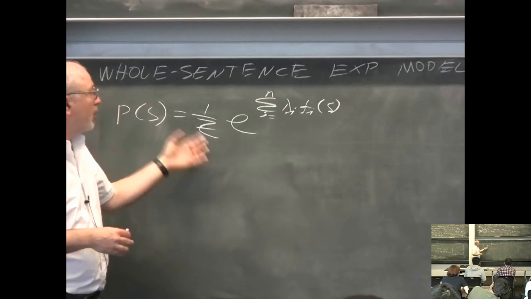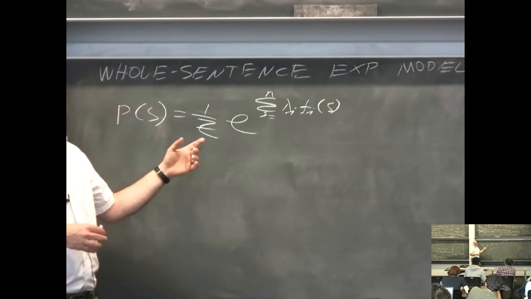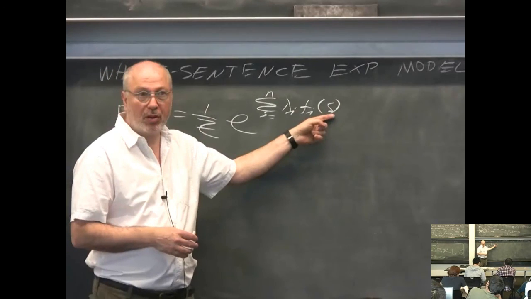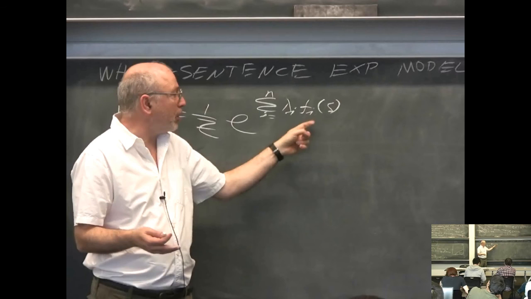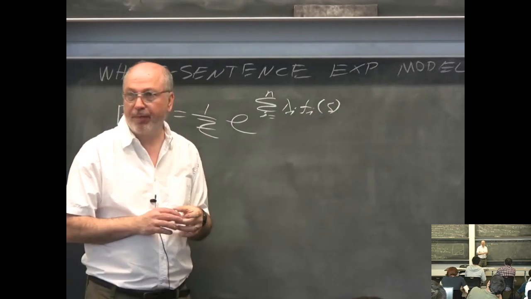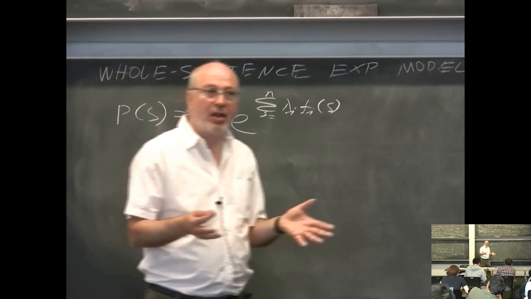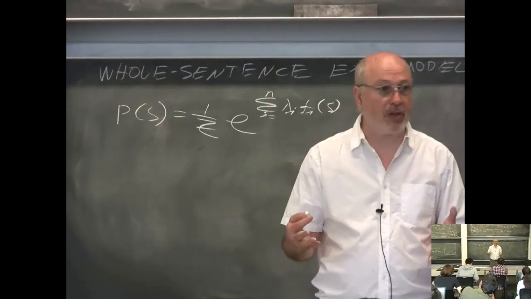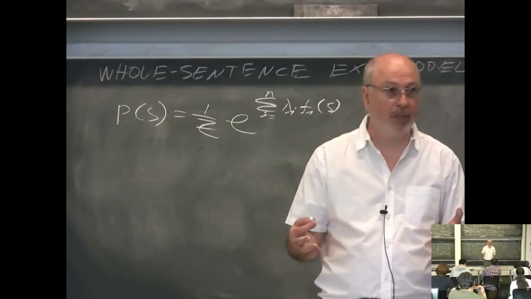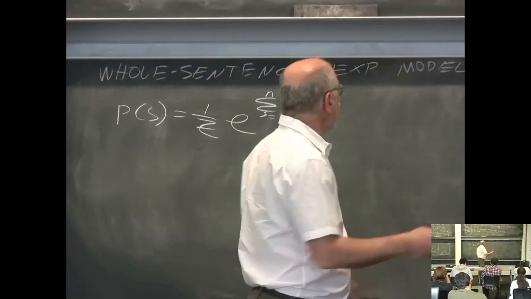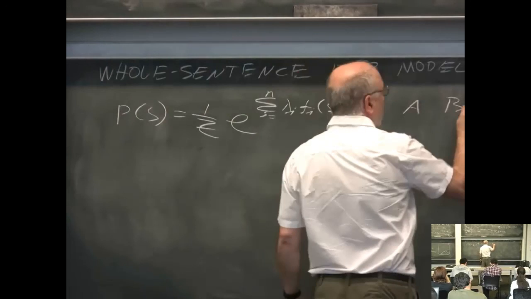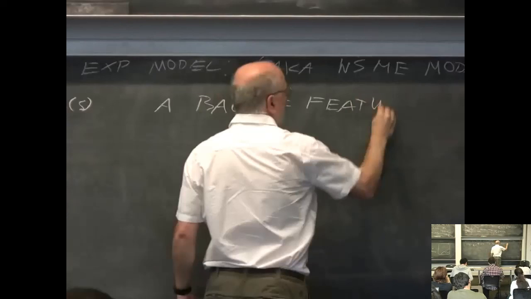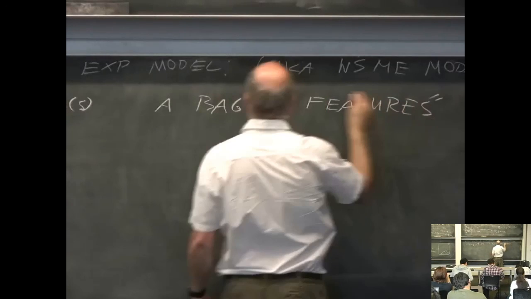The only way this model relies on the sentences to produce its value is by plugging it into the feature functions. If you have sentence 1, sentence 2 that have the same values here, you'll get the same result. Another way of saying it is that the model sees the sentences through their features and through their features alone. So you can call this a bag of features model.